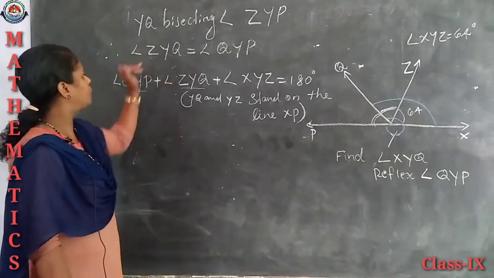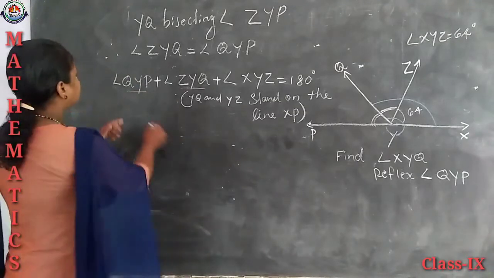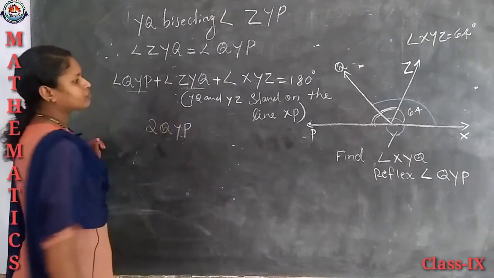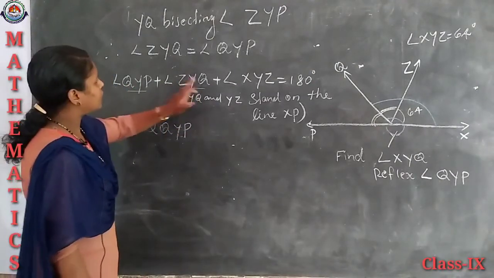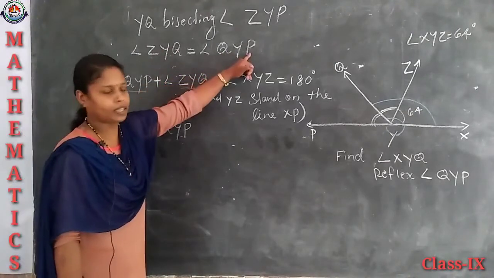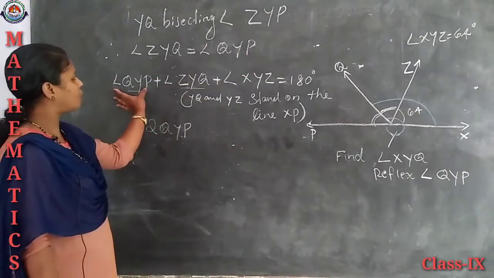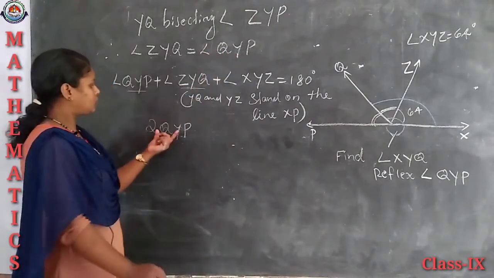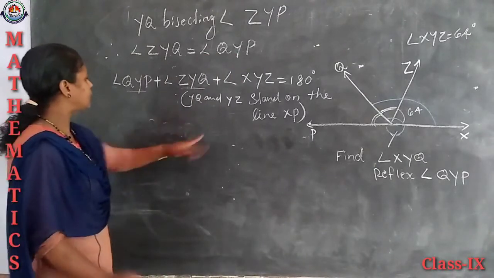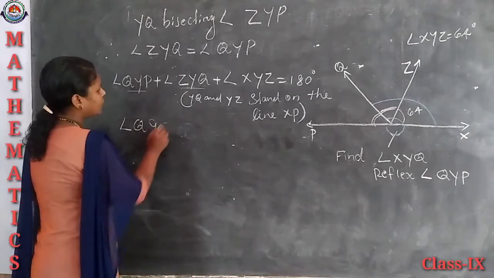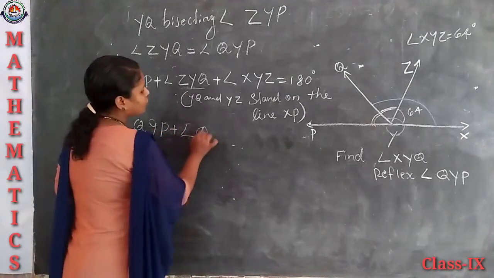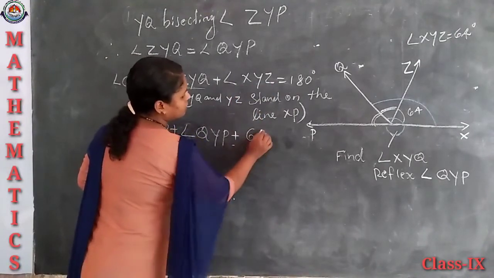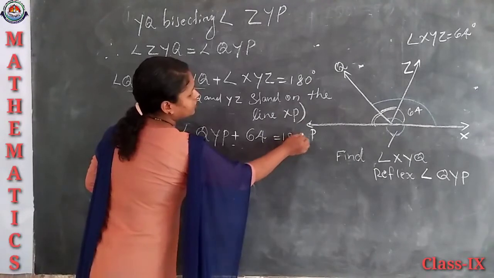So we can substitute: 2 QYP. Here we have one QYP, and instead of ZYQ we can also give QYP. Or otherwise we can rewrite this as angle QYP plus angle QYP plus XYZ, that is 64, equals 180 degrees.